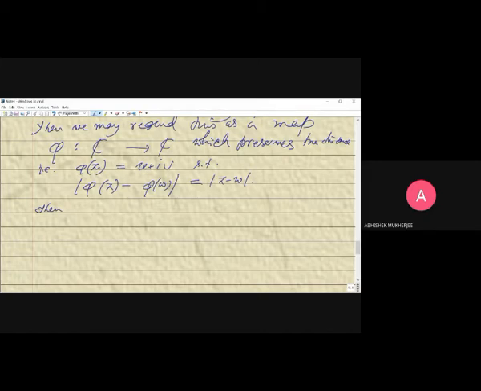Now we would like to characterize all the isometries of R2. This is our goal.